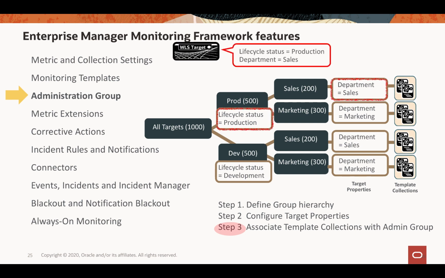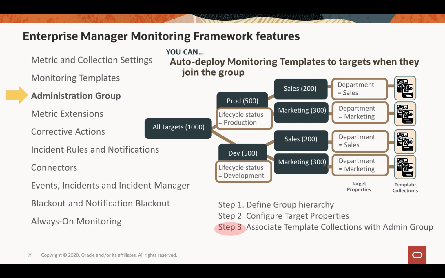So if you have a new WebLogic server target with target properties lifecycle status equals production and department equals sales, the target will be automatically added to the group where the target properties match, and it gets the right monitoring template from the template collection. So using admin group, you can auto-deploy the monitoring settings to the targets as they join the group.